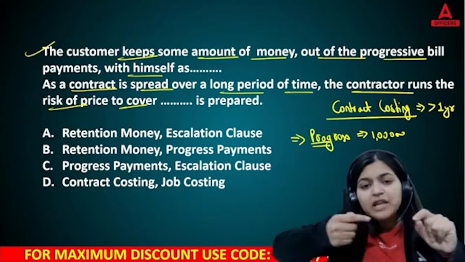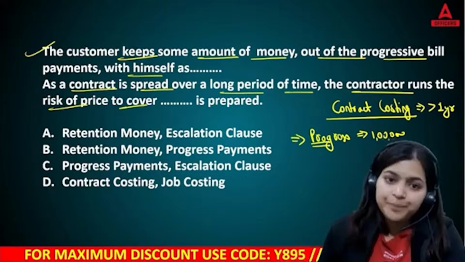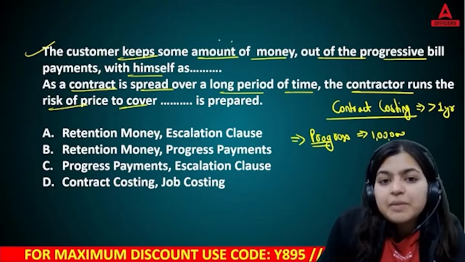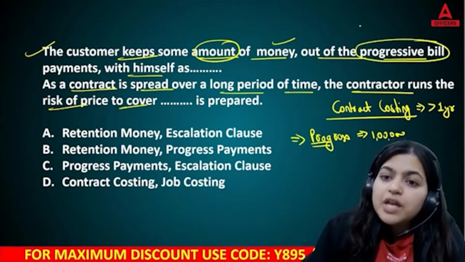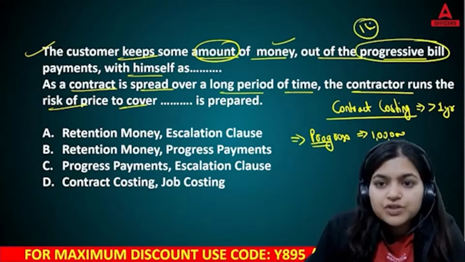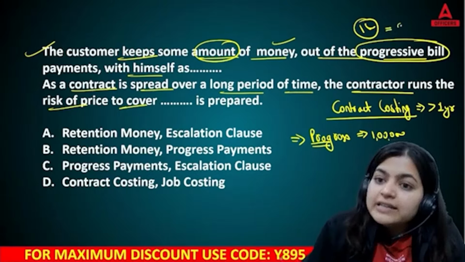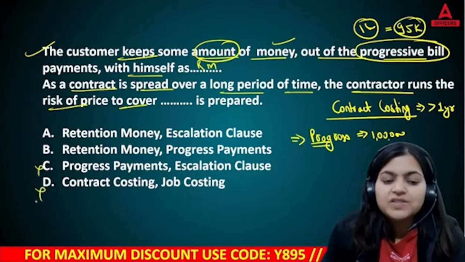So whatever amount we have kept, that is 5,000, is your retention money. The customer keeps some amount of money out of the progressive bill. Total construction of 1 lakh the contractor has done, now you are giving only 95,000 and keeping 5,000 with yourself. So this is what? Retention money. So you can eliminate C and D.